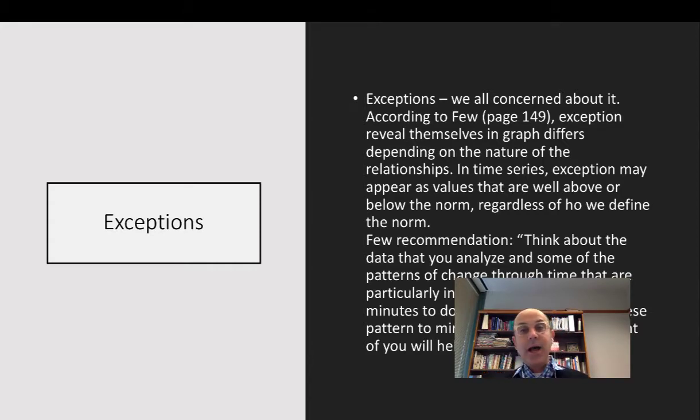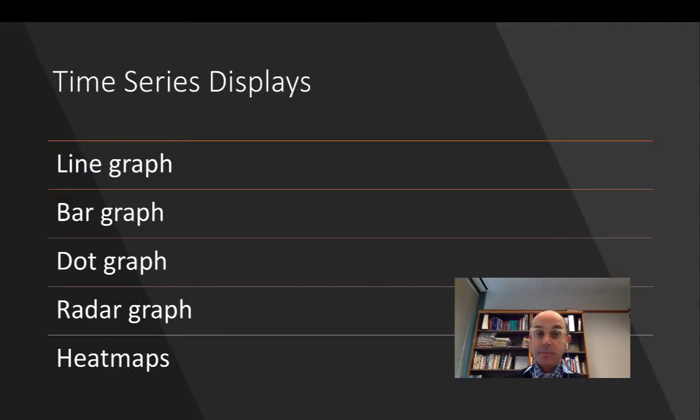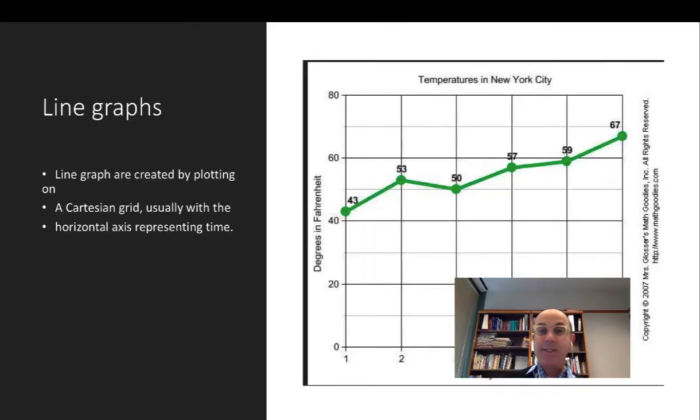When you are concerned about explanations, you usually think about data analysis and patterns of change through time that are of particular interest to you. So we usually apply time series in line graphs, bar graphs, dot graphs, radar graphs, and heat maps. Those are the common platforms to display time series.